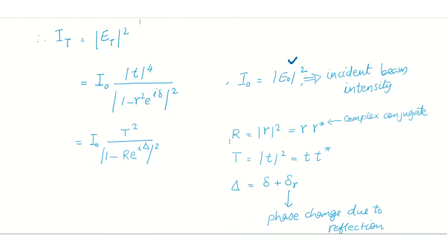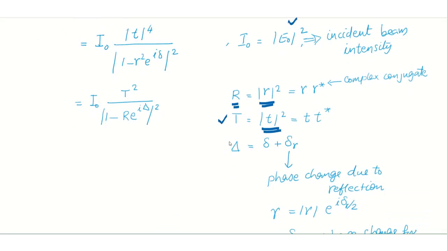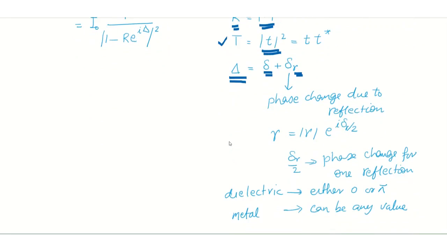Here we have used capital T for t square, and for r square we have used capital R. We have also replaced delta with capital delta, which is the sum of the small delta and delta R, the small phase change due to reflection.